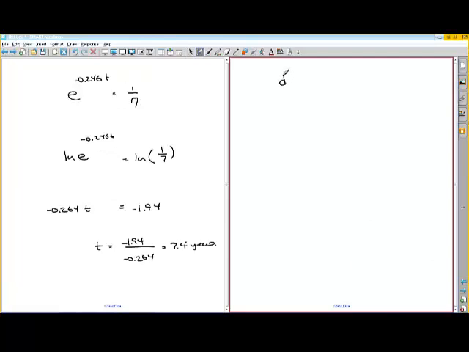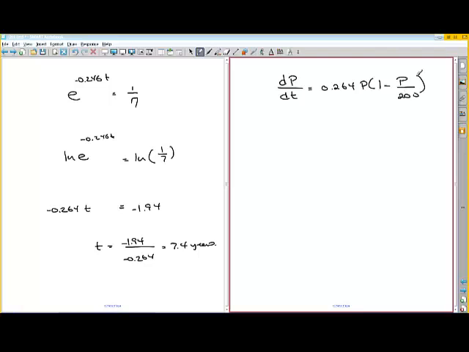So the differential equation dp dt is going to be equal to k, which is 0.264 times the population times 1 minus the population divided by the carrying capacity, and the carrying capacity was 200.